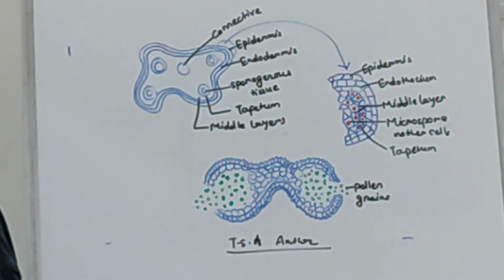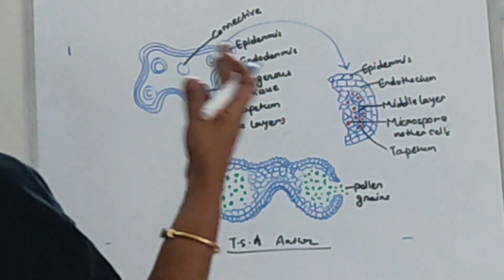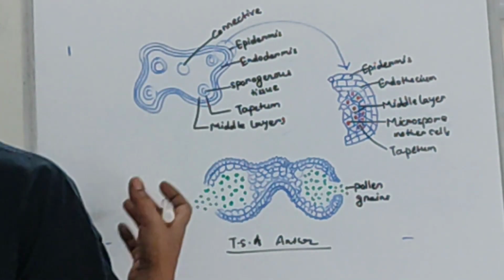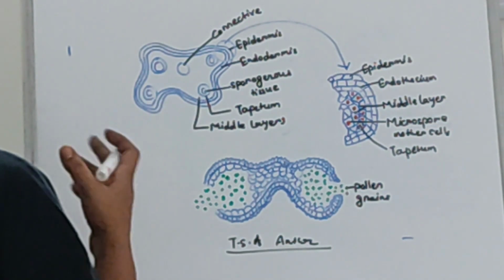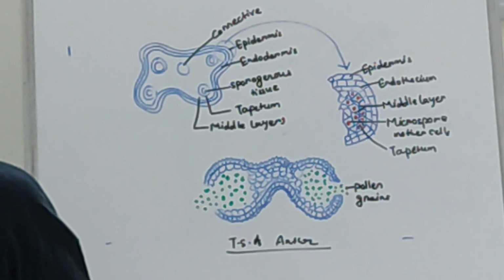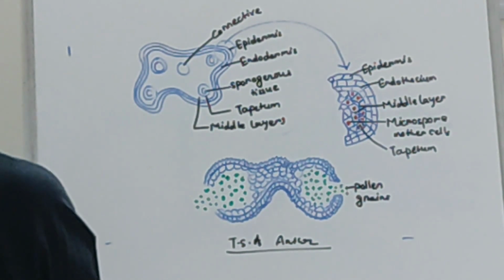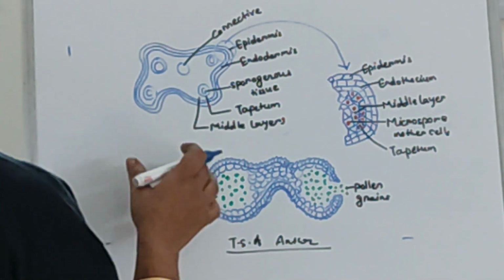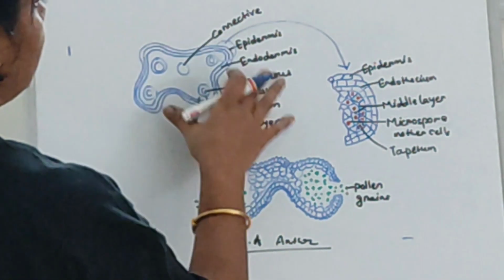Now let us see the formation of microspores. How does this microspore formation happen? As the anther develops, the cells of the sporogenous tissue undergo meiotic division.